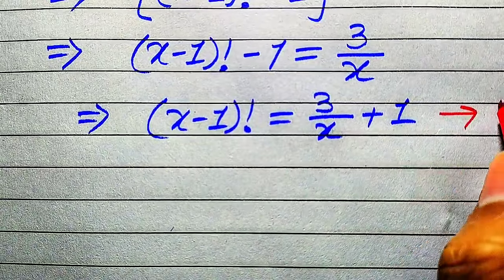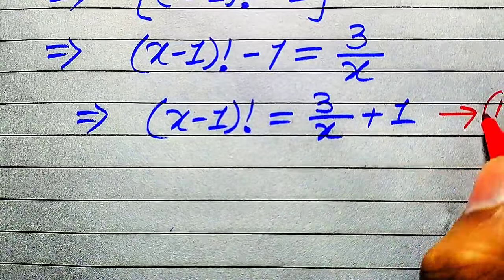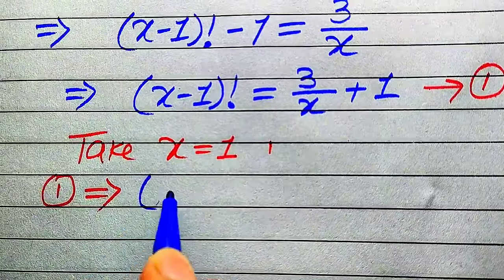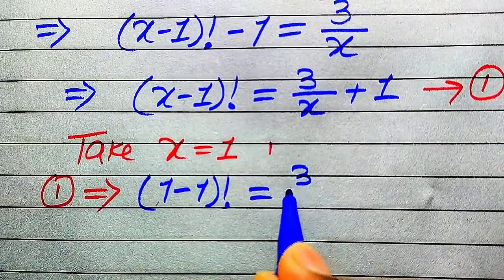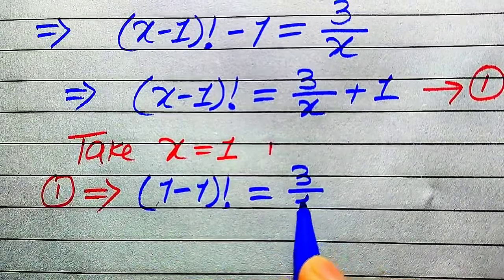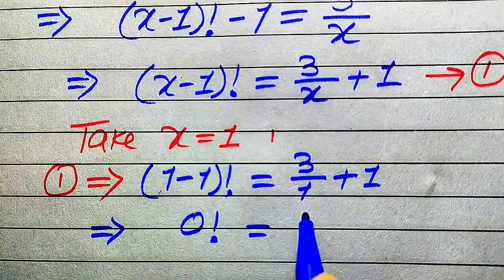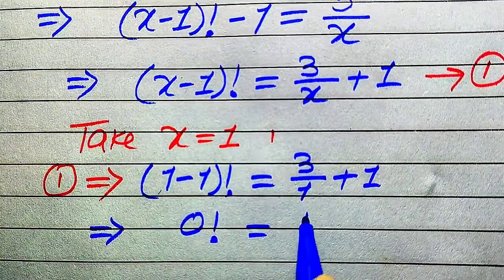We call this equation number 1, and now we take x equals 1. When we put x equals 1 in equation number 1, it becomes 1 minus 1 factorial equals 3 divided by 1 plus 1. Here 1 minus 1 becomes 0 factorial, 3 divided by 1 becomes 1, and 3 plus 1 becomes 4.